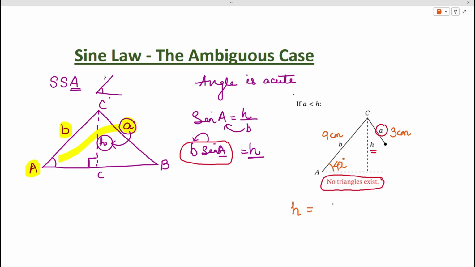The height can be calculated as sine of the given angle, sine 42, multiplied by 9. So 9 times sine 42 is equal to 6.02. Now, when we compare the given side with our calculated height, we can see that side a is less than our height, and so in this specific situation, there is no triangle existing.